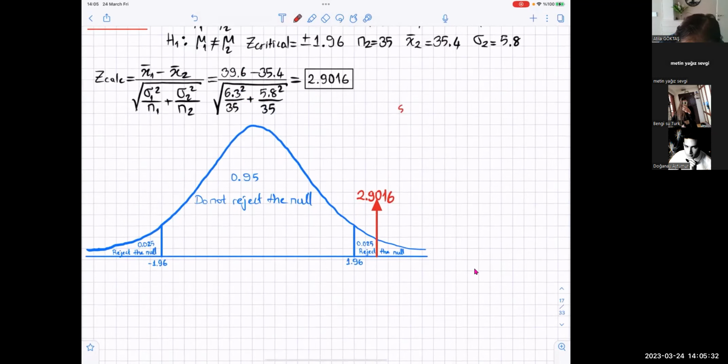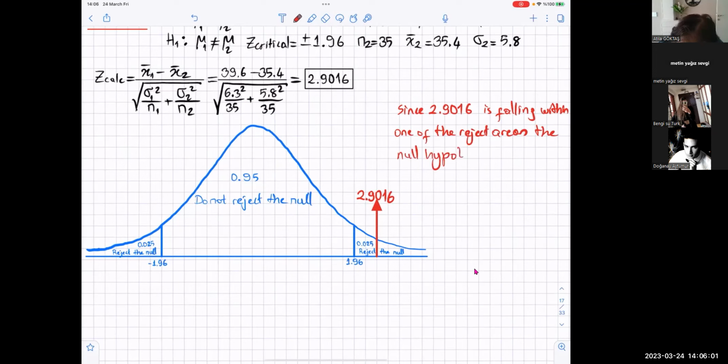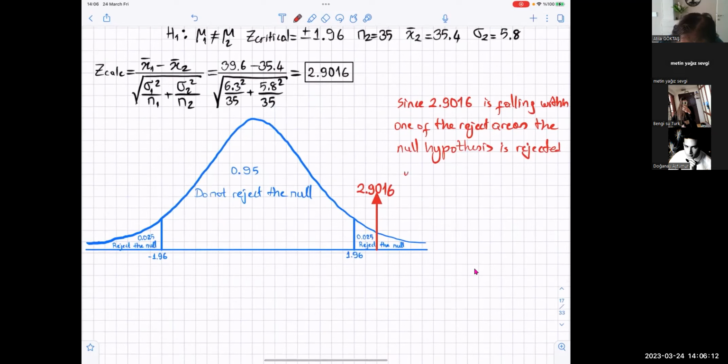Since 2.9016 is falling within one of the reject areas, the null hypothesis is rejected at the 0.05 alpha level of significance.